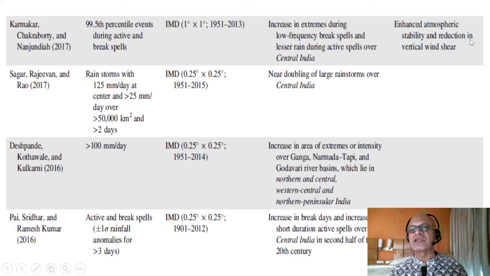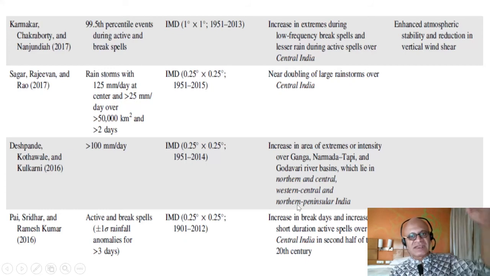They don't necessarily identify any causes, they just point out that these have nearly doubled over this period of 1951 to 2015. This paper reported an increase in area of extremes or intensity over Ganga, Narmada and Tapi, which is on the western side, and Godavari river basins, which lie in northern and central western and northern peninsular India.